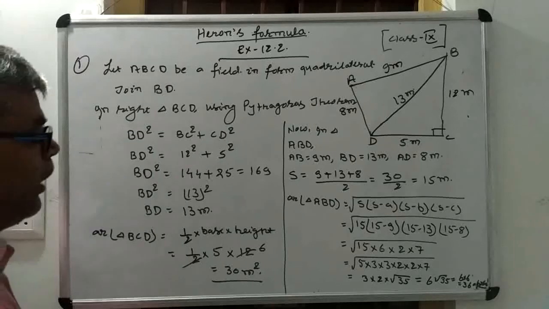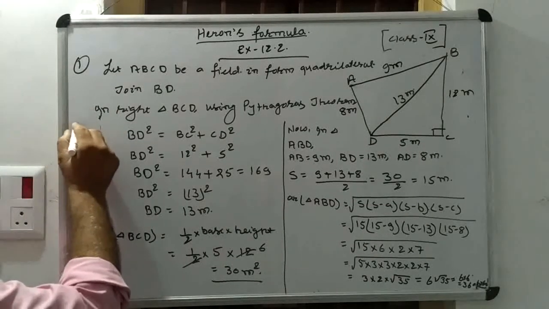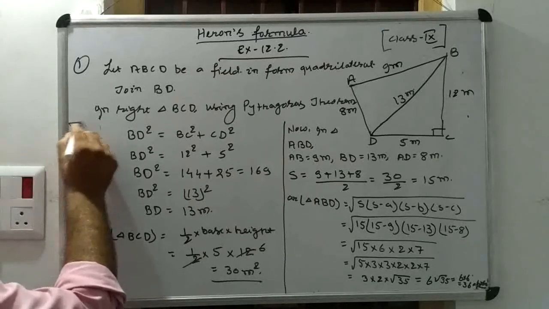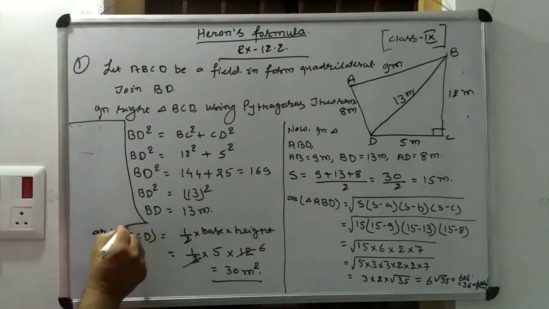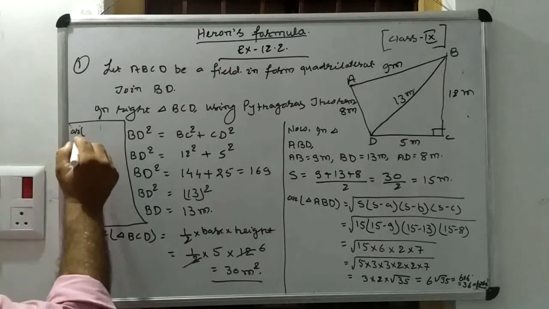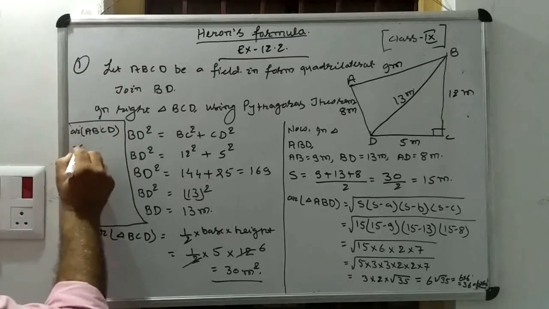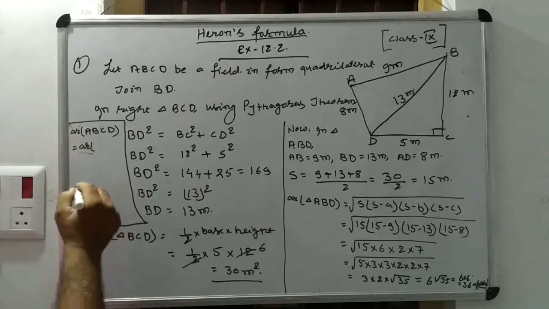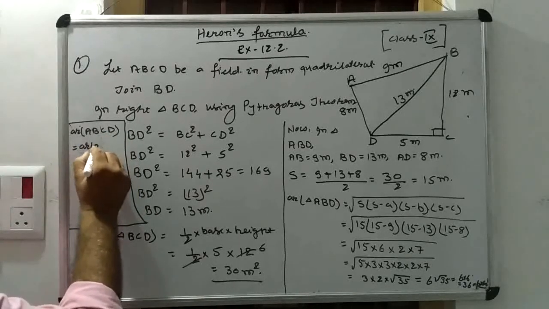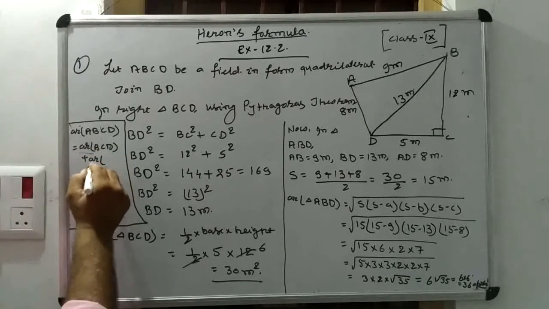So area of quadrilateral ABCD equals area of triangle BCD plus area of triangle ABD.